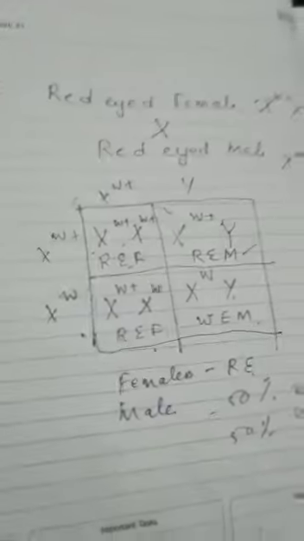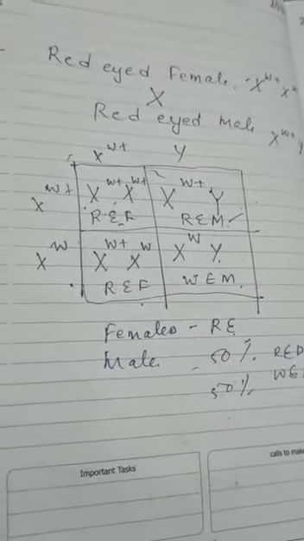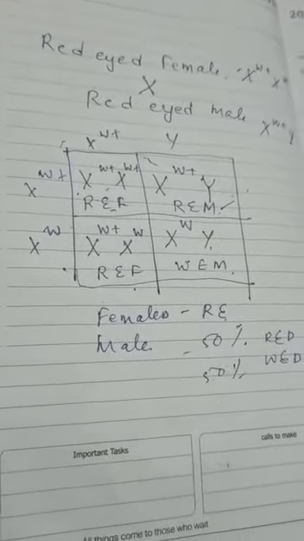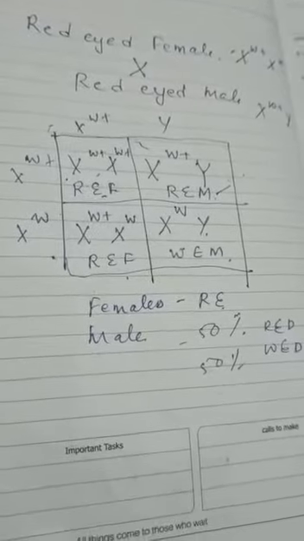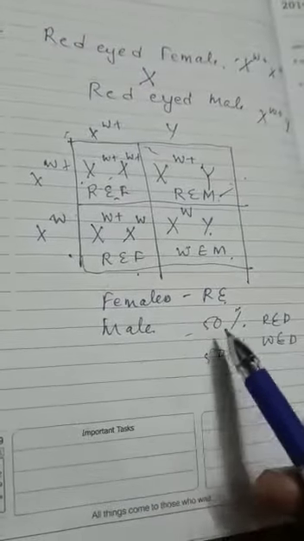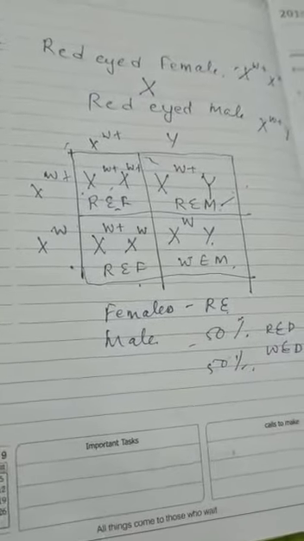So what was the conclusion that he drew? He came to the conclusion that the mother passes the trait to the son and the father passes the trait to the daughter. Here the mother is passing the red-eyed character to the son.